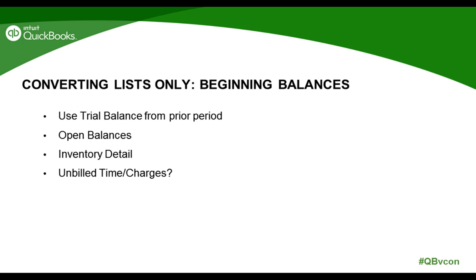Use the opening balance equity as the offset account. So the net total of AR, AP, inventory asset, sales tax payable, and any payroll liabilities is going to get posted to opening balance equity.